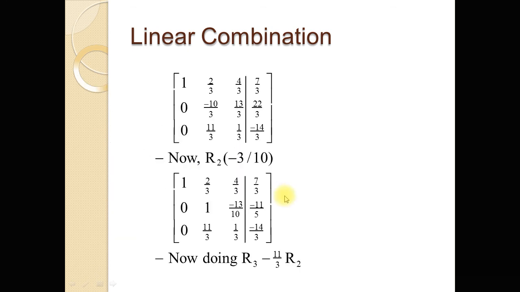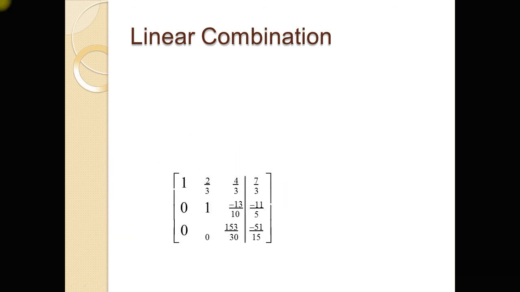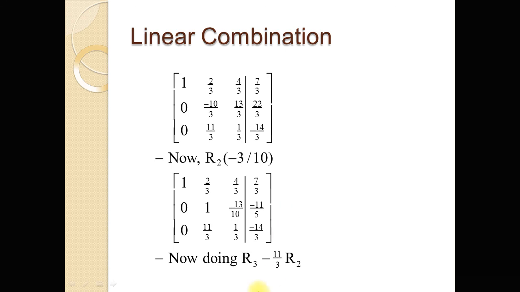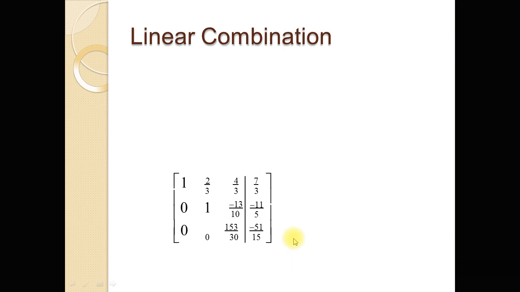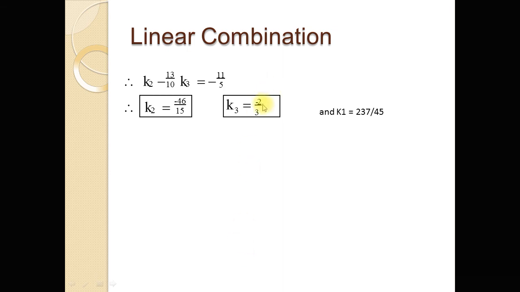So dear students, note that this is the echelon form after performing this last operation, multiplying the second row by 11 by 3 and subtracting from R3. Now write this matrix in equation form, and by back substitution we obtain the value of K3 as minus 2 by 3.